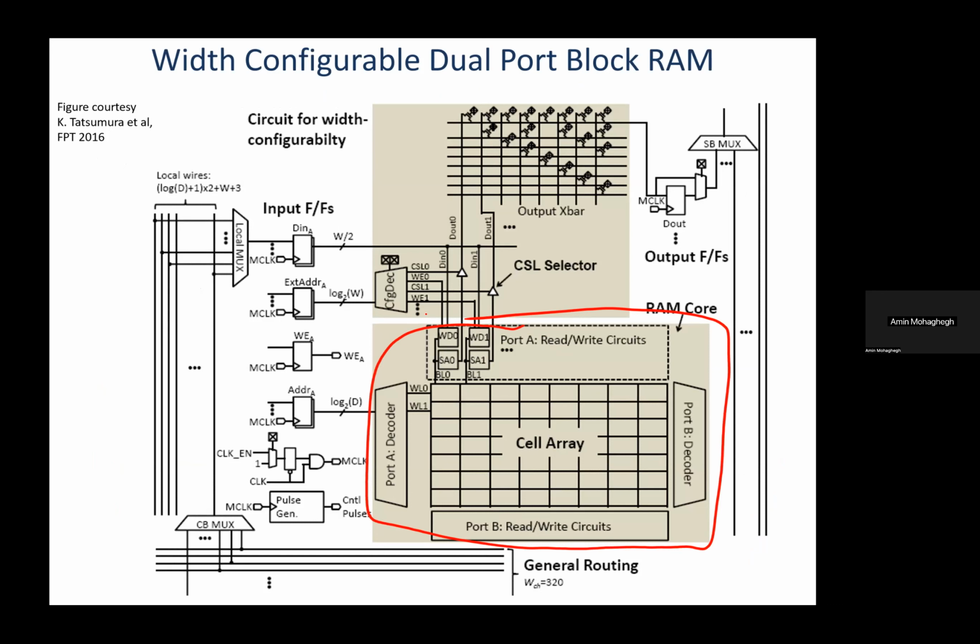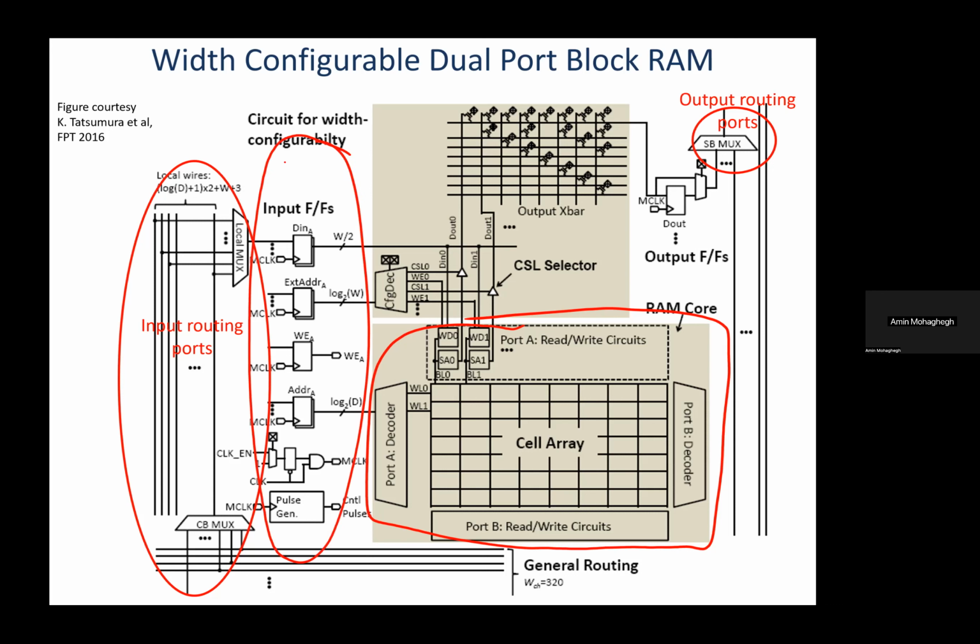So what do they add around it? First, they add routing ports. So we have input routing ports, and we have output routing ports. We have registers on all our inputs. I told you that RAMs nowadays have all these self-timed circuits, right? Like I need a certain amount of time to pre-charge the bit lines, a certain amount of time for the sense amp.